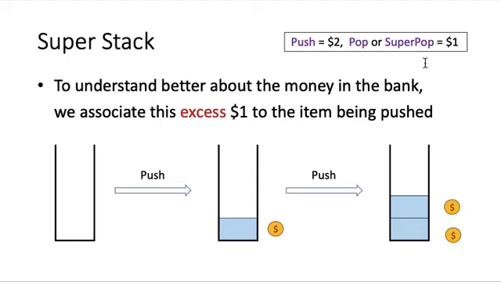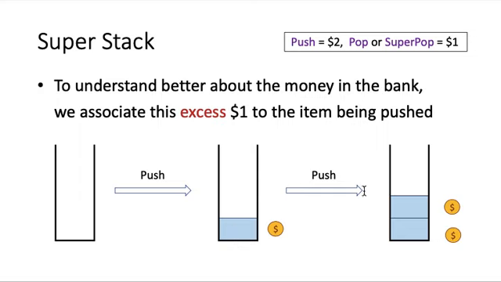This corner is a reminder: every push we pay $2, every pop or super pop we pay $1. From the beginning, we have an empty stack. Let's say we perform a push. When we push it, we give out $2 for this amortized cost. $1 is paid for pushing the item here, and $1 is saved in the bank as the excess. So we put this dollar side by side with this item.